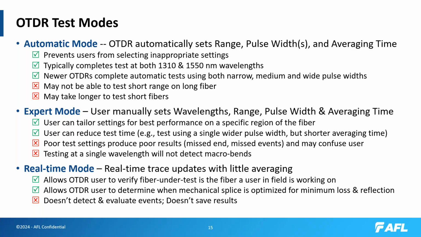If they're bending the fiber and you're not seeing the loss increase, then you're not testing the same fiber that they're bending. It also allows users to determine if a mechanical splice has been optimized for minimum loss and reflection, and they could adjust that mechanical splice until you see minimum loss and reflection at that point.